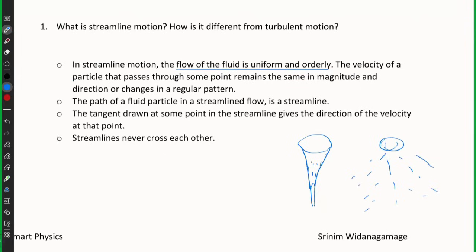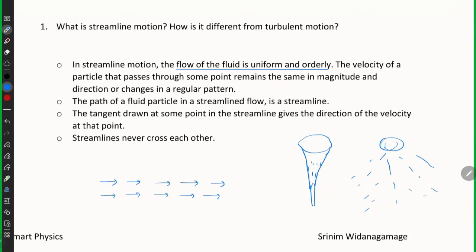So it's like this. In streamlined motion, which I think I discussed in fluid dynamics, let's observe this. You can see a particular order. The particles move like so. There's a particular order, right?